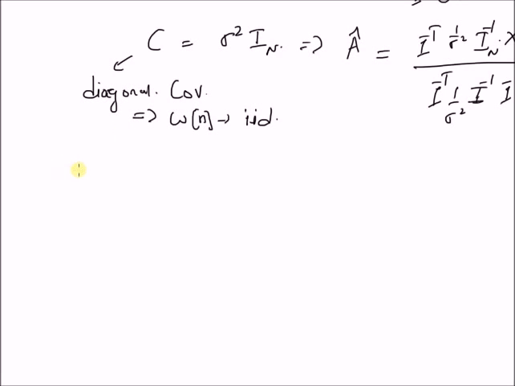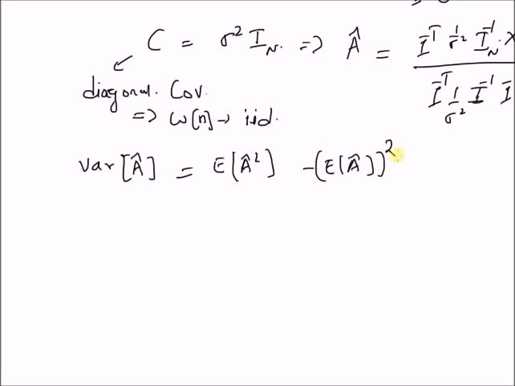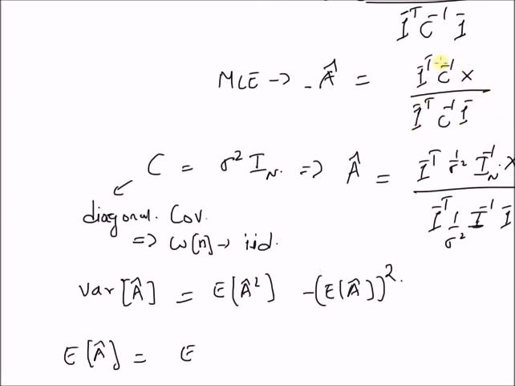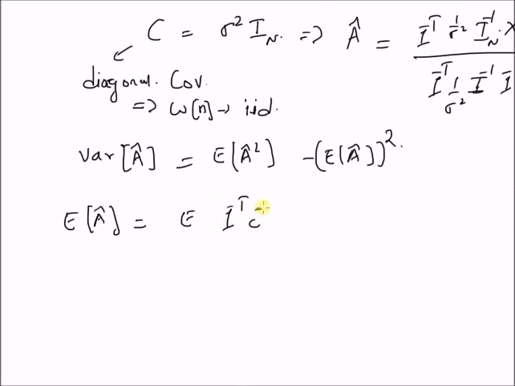That is, we want to calculate the variance of the estimator A hat, which is defined as expectation of A hat squared minus square of the expectation of the estimator A hat. So the expectation of A hat is clearly equal to expectation of, we basically use this formula, 1 bar transpose C inverse x divided by 1 bar transpose C inverse 1 bar. We write this factor outside because it is a deterministic value.